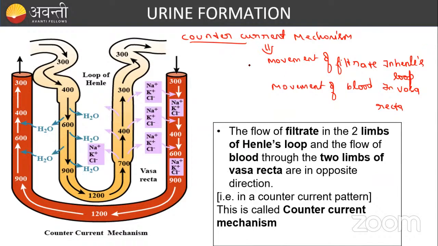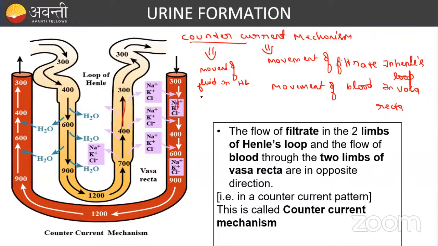Okay. So then, what is the counter here? What is meant by the counter? The counter is nothing but, as you can see, the movement of the fluid in the loop of Henle is just opposite to the movement of the blood in the vasa recta, right? I will write it as the HL.